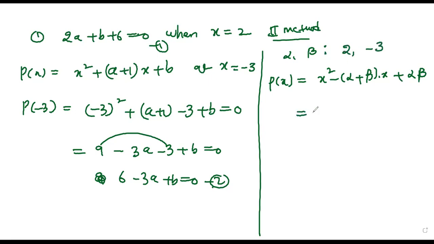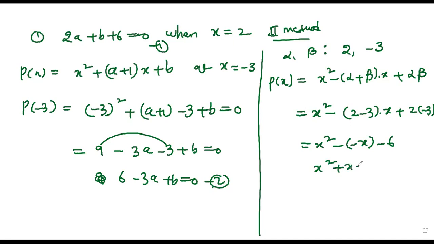Now I am preparing the polynomial: x square minus (2 minus 3) x plus 2 into minus 3. That means x square minus (minus 1) x minus 6, that means x square plus x minus 6. If you compare this polynomial with the given polynomial x square plus (a plus 1) x plus b, we'll get direct answers of a and b.